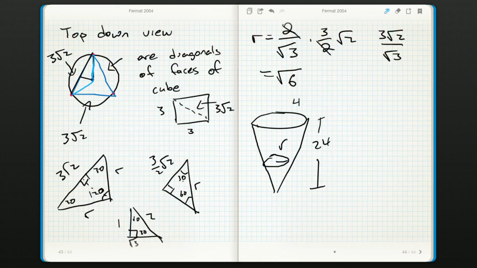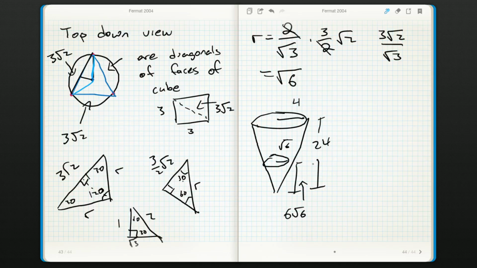It's root 6, which isn't the happiest number in the world. But we multiply by 6, so we've got to have here 6 root 6. All right, we take the radius, multiply it by 6 to get the corresponding height. So we had a radius of root 6. We multiply it by 6 and get the corresponding height. Okay.